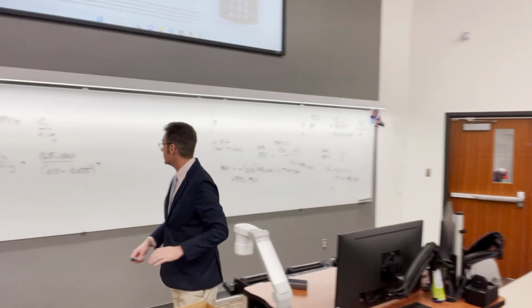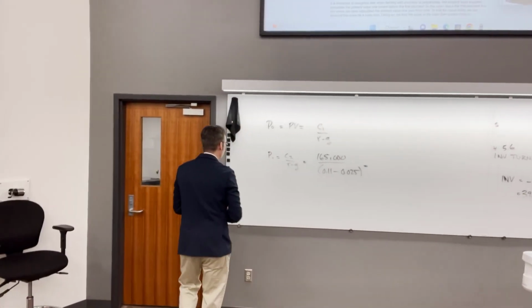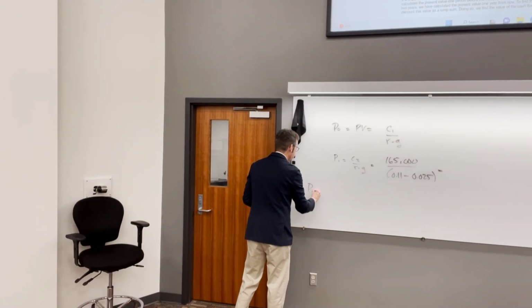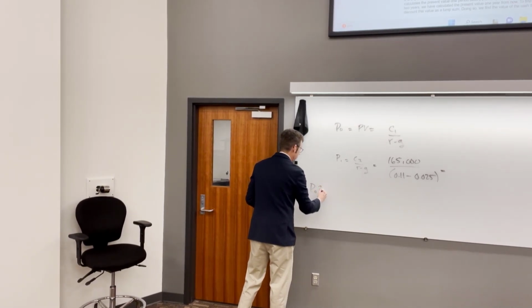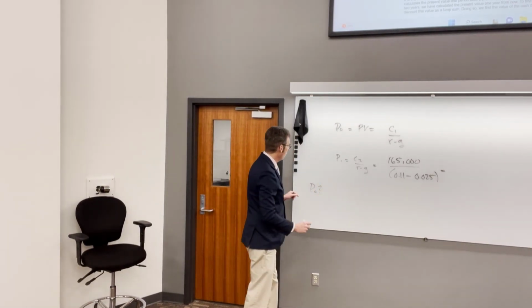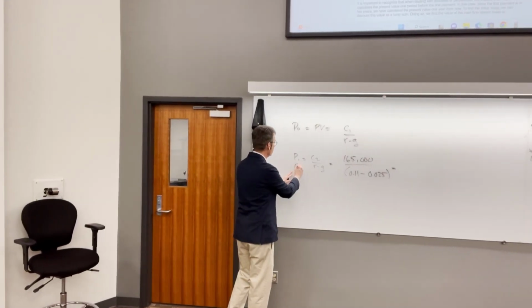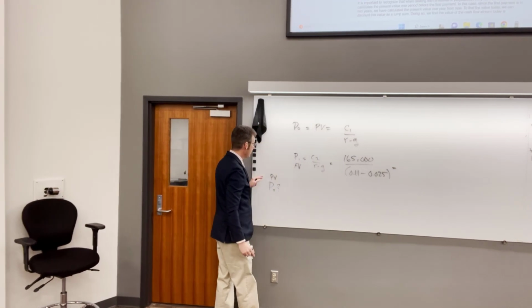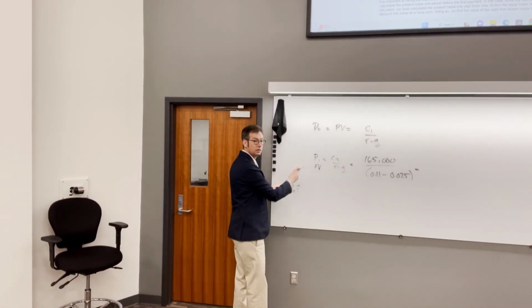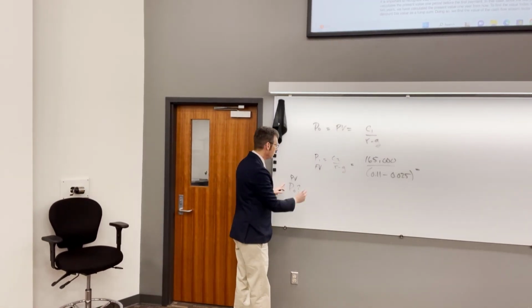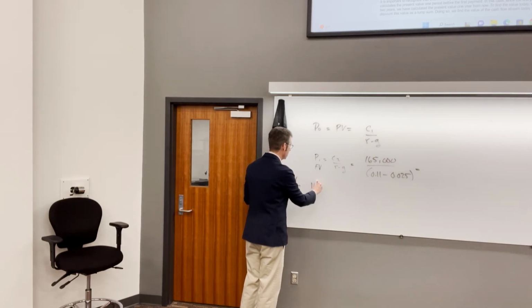Okay, now, here's the next thing we need to know. They want to know what is P0. So we're gonna call this the present value, and we're gonna call this the future value. How many periods happen between these two? Yeah, just one. So n is equal to 1.